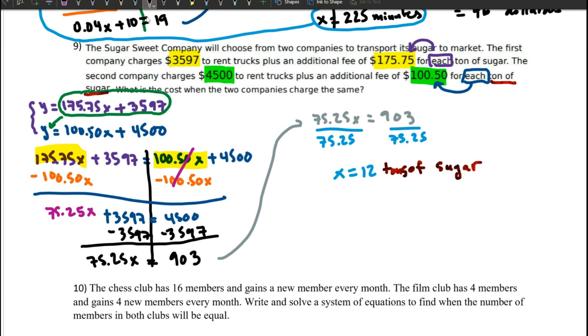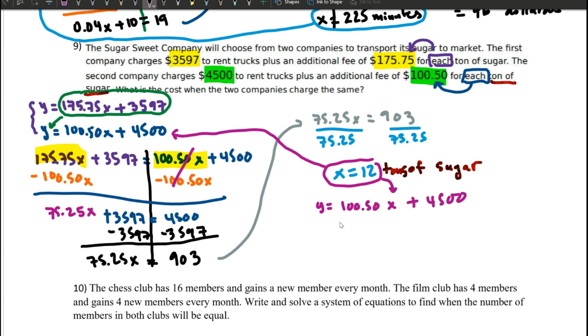Alright, so now we're going to find out how much this costs. What is the cost when the two companies charge the same? So 12 tons of sugar is when the two companies charge the same price. I'm going to plug into the second one, same reason, it looks easier. So y equals 150x plus 4,500.